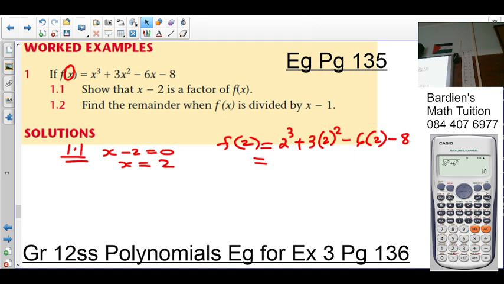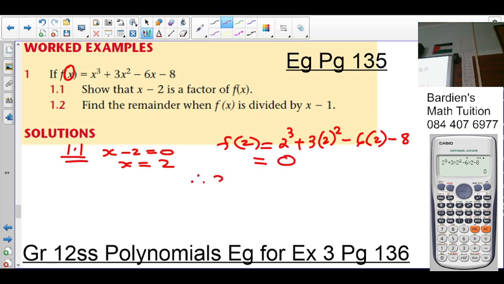So punch that into the calculator. We got 2 cubed plus 3 times 2 squared minus 6 times 2 minus 8. That gives you an answer of 0 there. So what does that mean?